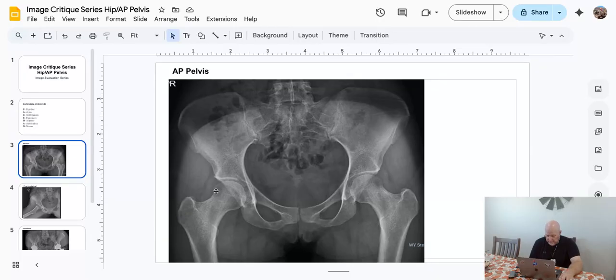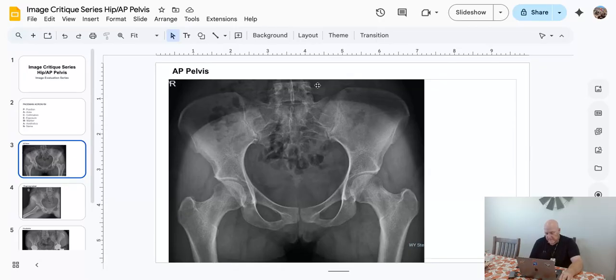This is where the ball of the femur, or the head of the femur, fits into the acetabulum, or the pocket where your femur articulates with the pelvis. Okay, and like I said before, we're able to see the greater trochanters here in profile. Okay, lesser trochanters are superimposed with the femur, and we're able to see as low as we possibly can and still get the iliac crest in our picture.